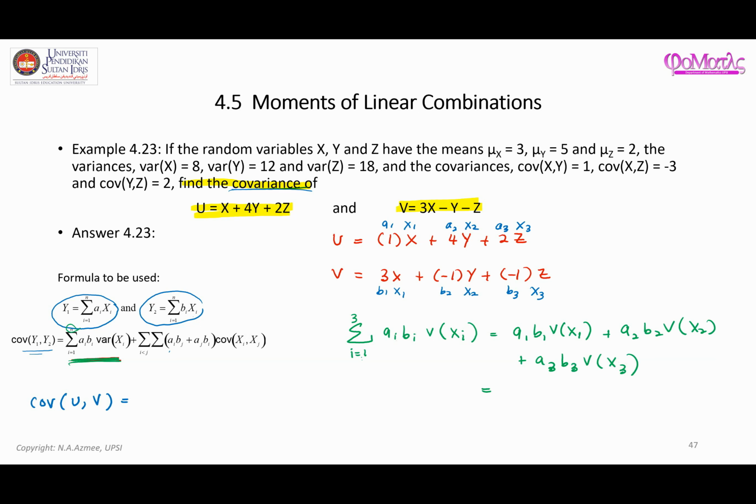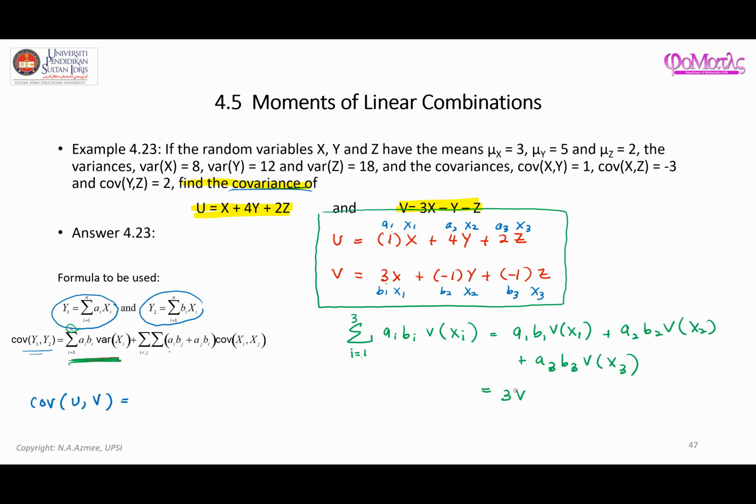From what we have here, which I have labeled as ai's, bi's and xi's, we can see that a1 times b1 is equal to 3.